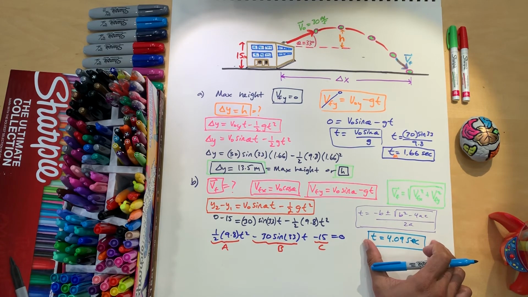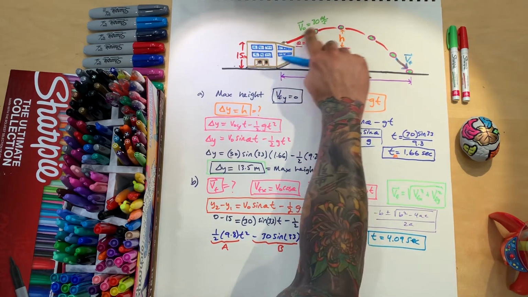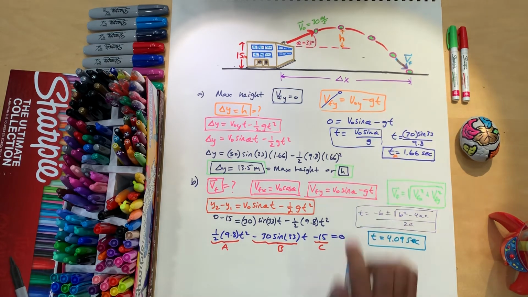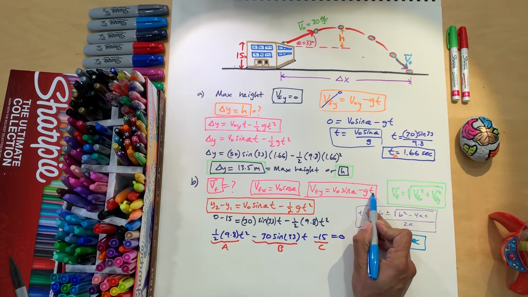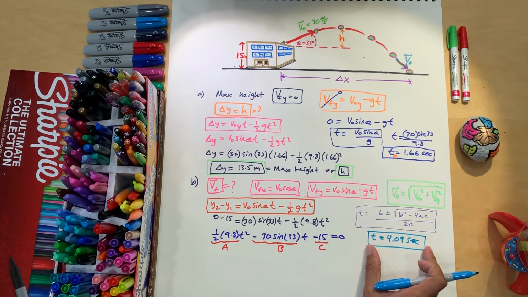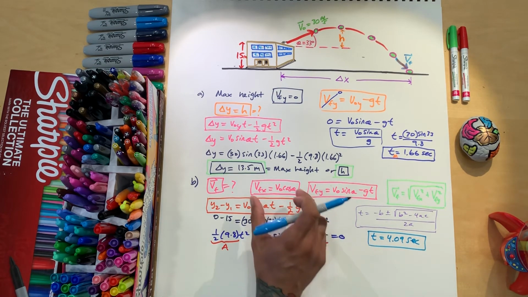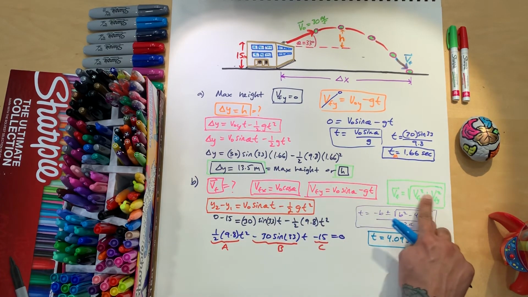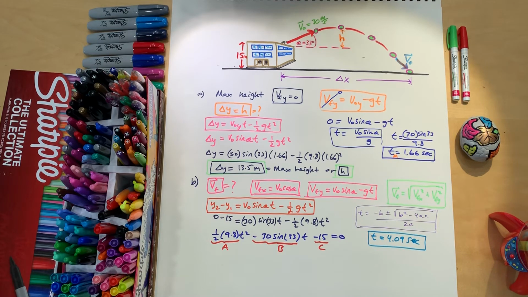So this is the time it takes for it to go all the way to right before it hits the floor. Perfect, that's what we were missing, and now we have it. So let's plug it in. I'm going to write these two together, because those are the two things I need in order to answer this.